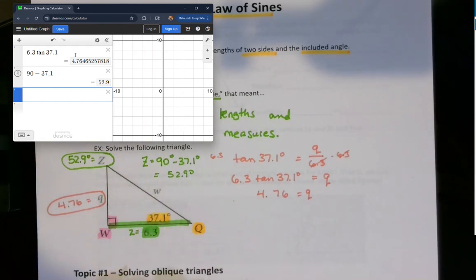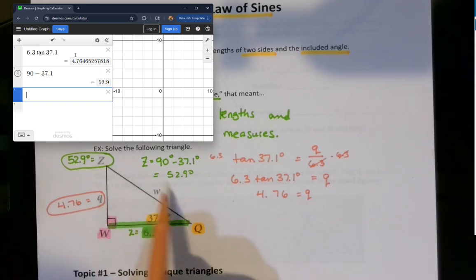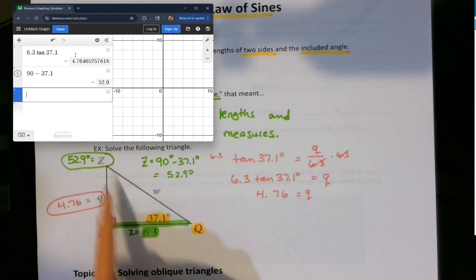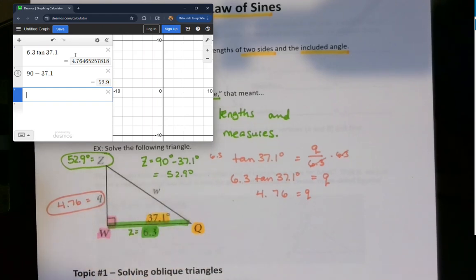And then the only thing that I have to find is little w. Again, I have two choices for how to do this. I can use a trig function, such as the cosine of angle Q or the sine of angle Z, or I can use the Pythagorean theorem, since I know the two non-hypotenuse sides of this triangle. Any of those are going to work just fine.